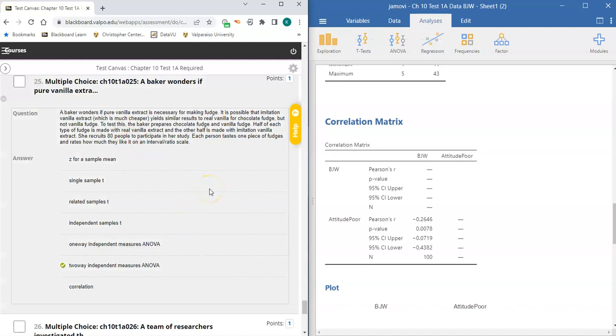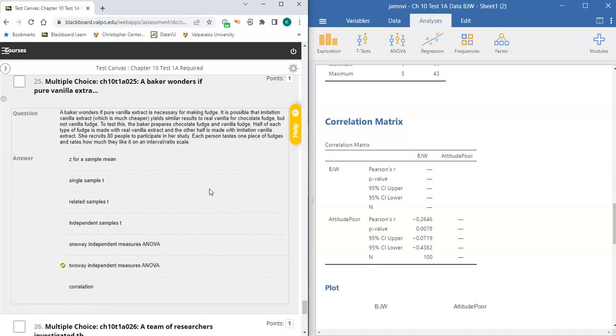And this other example has two factors. The first factor is whether you're making chocolate fudge or vanilla fudge. The other factor is whether you're using real vanilla or a cheaper vanilla extract, so real vanilla or fake vanilla.